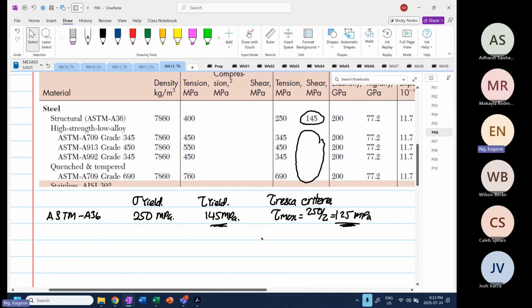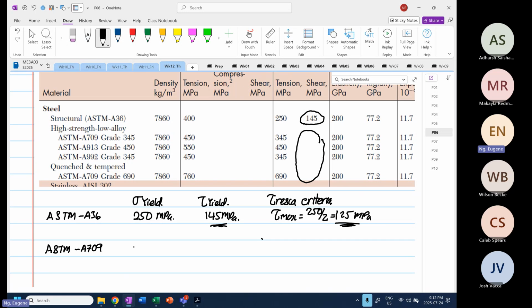What I'm trying to tell you is this. Now we have ASTM A709, and we know that the yield is 345 megapascal. You don't have time to do tests, or the test is just too expensive.